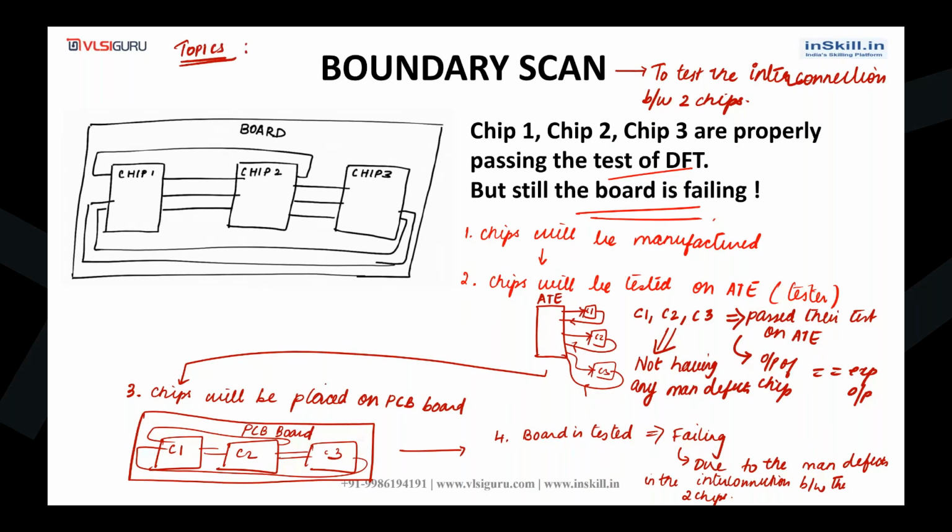So what is the boundary scan cell structure, and then what are the modes of operation of the boundary scan cell, and we'll also try to understand these three instructions: sample preload, EXTEST, and bypass.